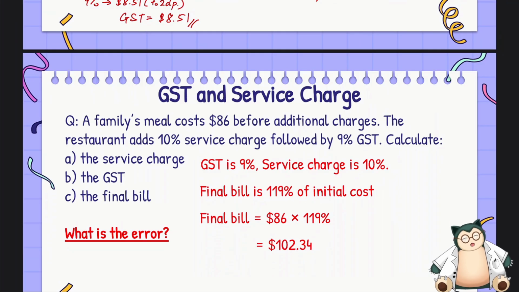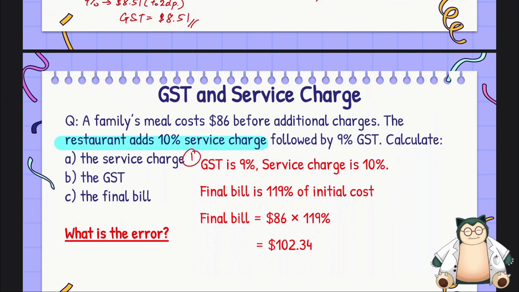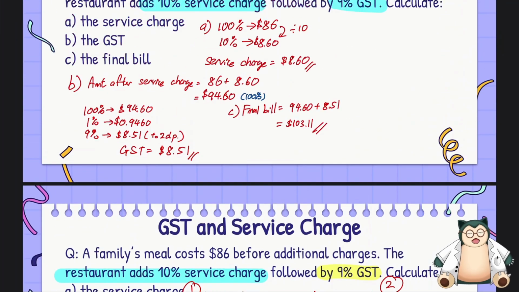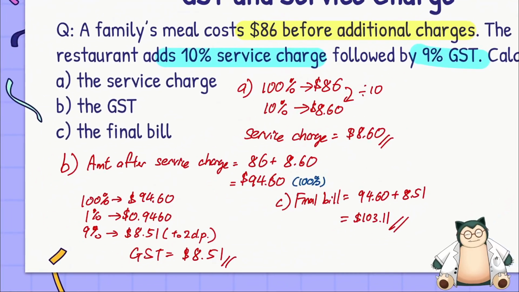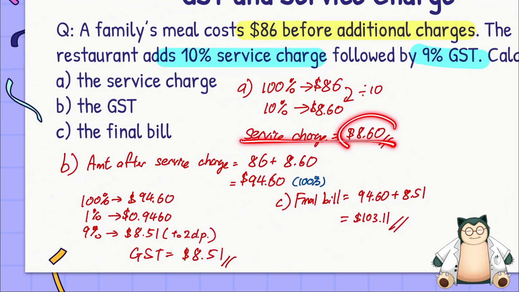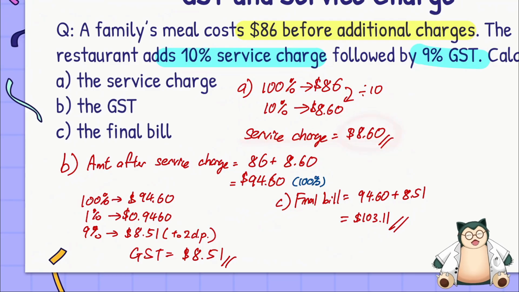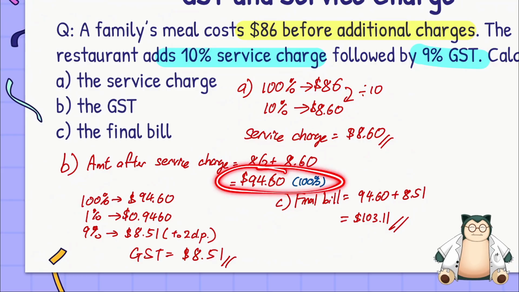We are first adding 10% service charge. This happens at the first step. Then the GST happens on the second step. Right? 1 and 2. That's why, notice in our previous working, after we have our service charge of $8.60, I have to add it to my initial amount first, and then this becomes my new 100%.